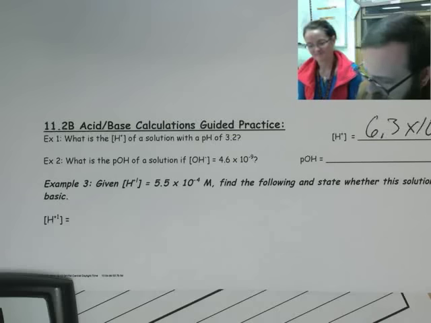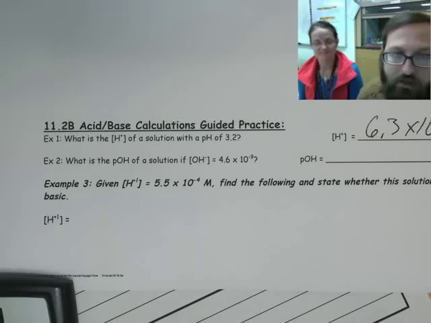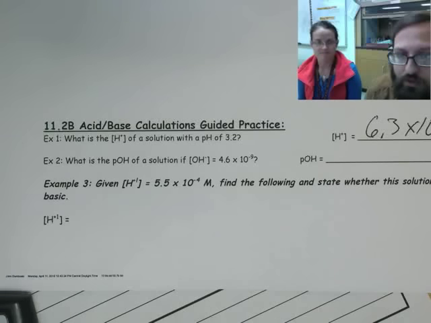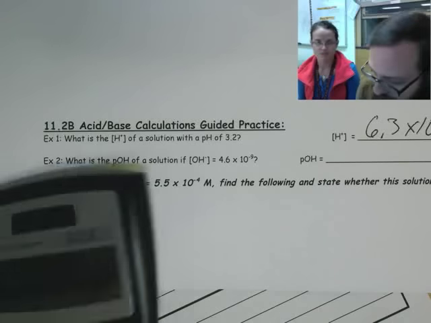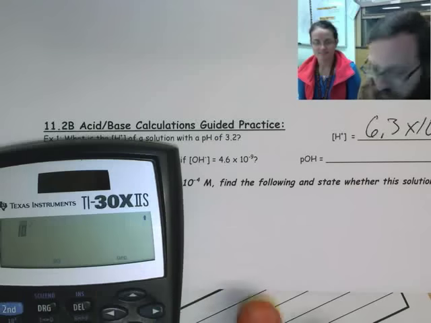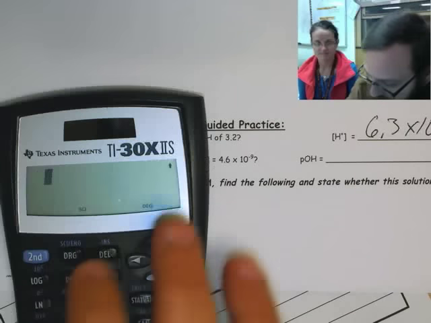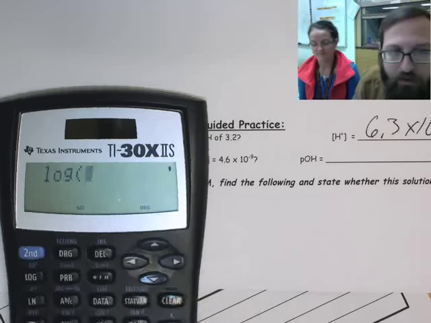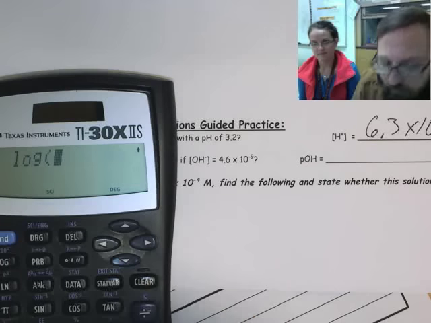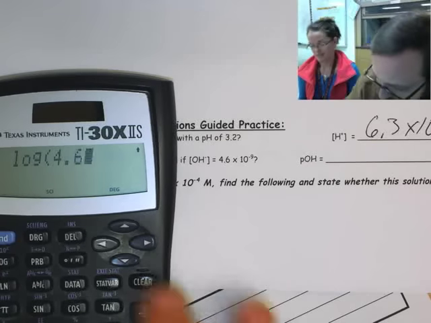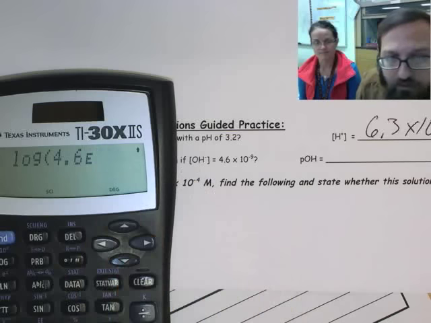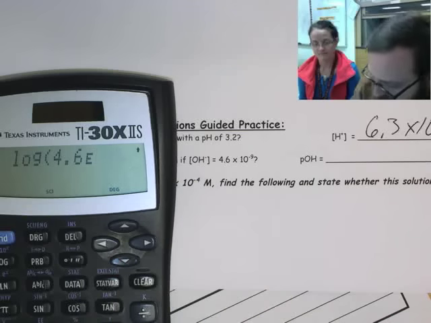Okay, so now our second question is, what is the pOH of a solution if its OH concentration is 6.4 times 10 to the negative 9? So this is one of those where we're going to use the log, not the antilog. Ooh, I like these. Okay, so we take the log of 6.4, second EE is the times 10, and it's negative 9.